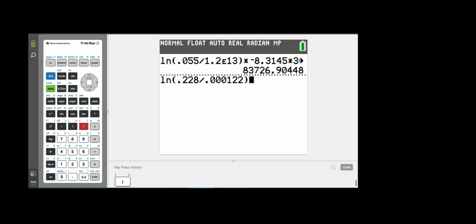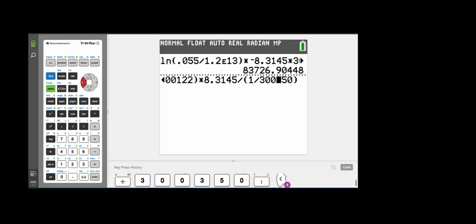Then we are going to times it by 8.3145. Then we're going to divide it by the fractions, the temperature, 1 over the temperatures. All right. 1 divided by 300 minus 1 divided by 350. It's not working. Minus 1 divided by 350. There we go.